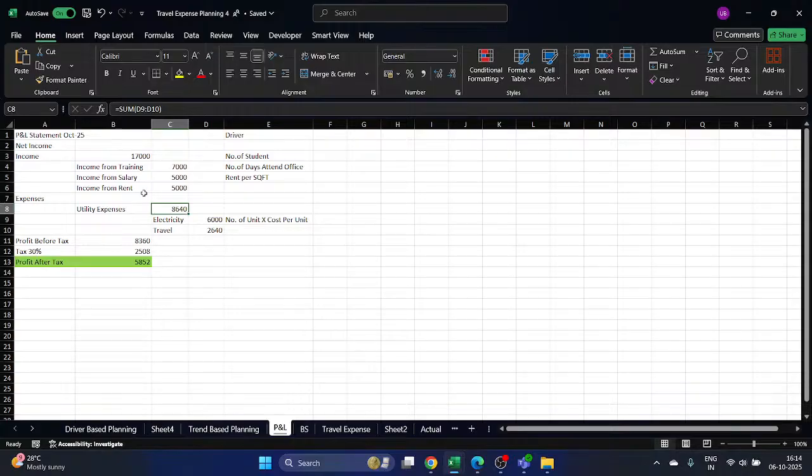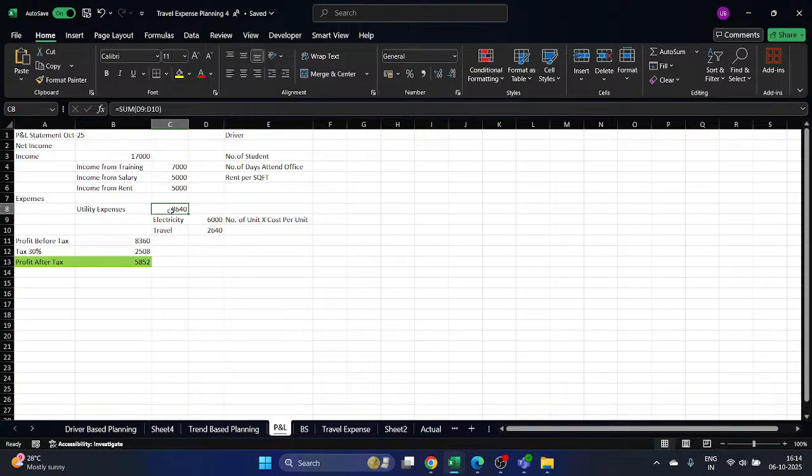When we compare both the things, the variance actually comes. Here the utility expense would be electricity expense, around 6,000, and the travel expense 2640. When we sum up both, the actual utility expense 8640 comes.